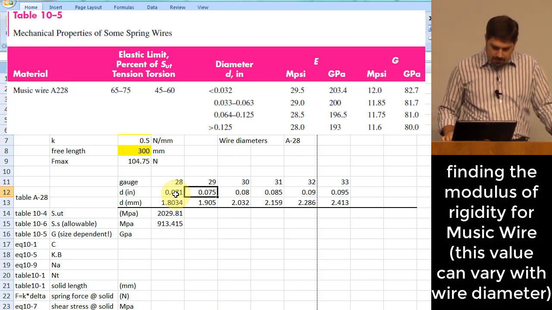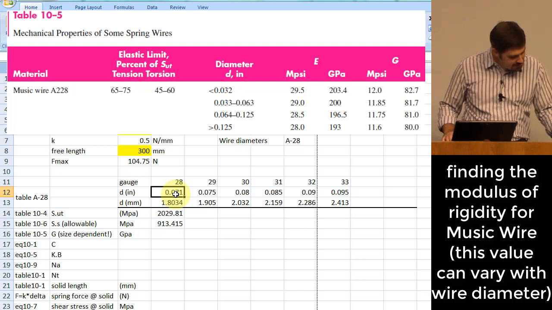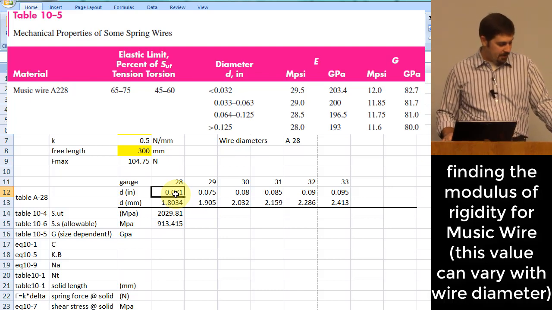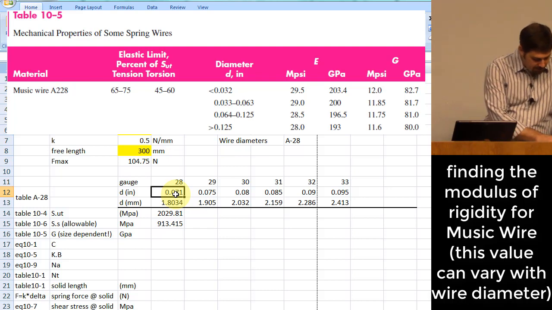Okay, looks to me like all of our sizes for this music wire fall within the range that says we're between 0.064 and 0.125 that you might see in table 10.5. Okay, and so I'm looking in that line, and what I want to know is what is my G value?